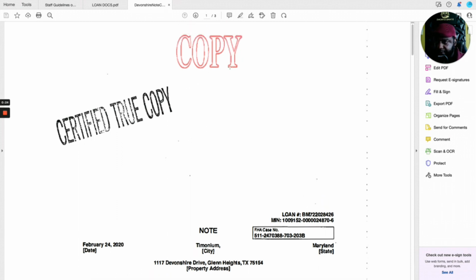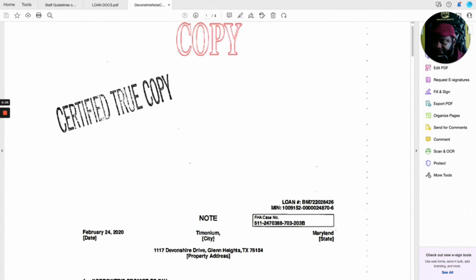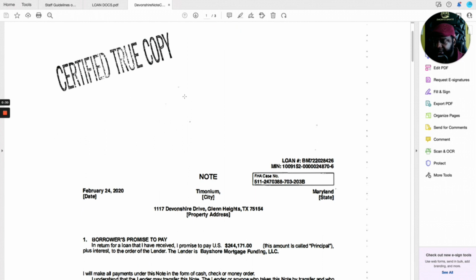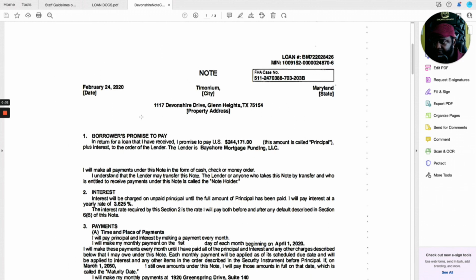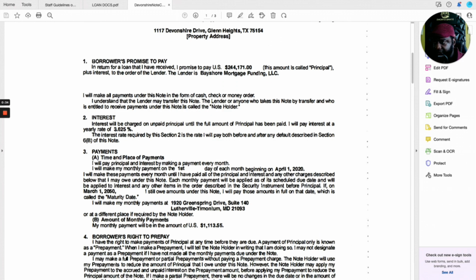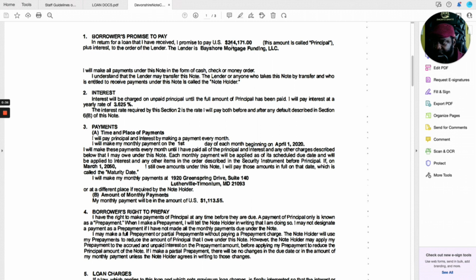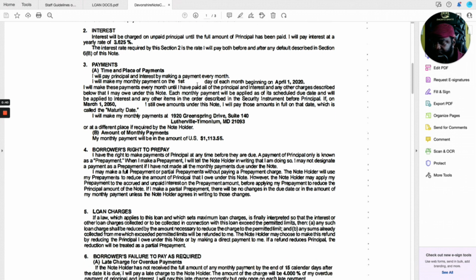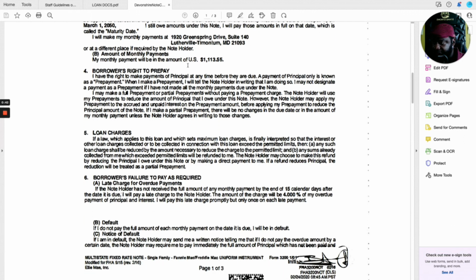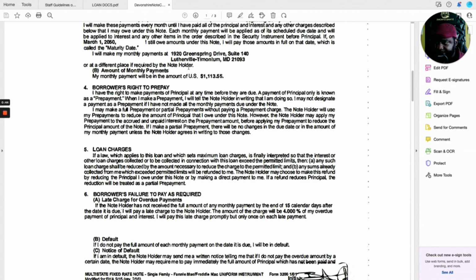Now understand, people, this doesn't mean anything at all, okay? This is just a tactic to intimidate somebody. All right, if you scroll down through here, you see the date on this document. You see the amount, $244,000, the lender, all that good information, the monthly payment, the address where they want you to send payment.